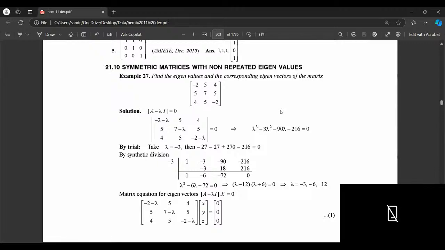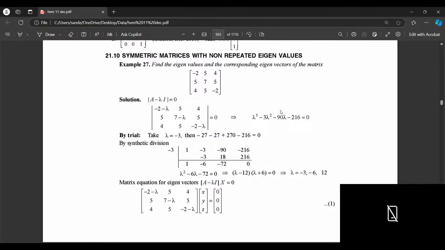Find the eigenvalues and the corresponding eigenvectors of the matrix -2, 5, 4, 5, 7, 5, 4, 5, -2.